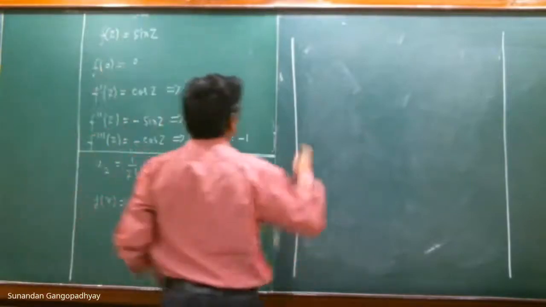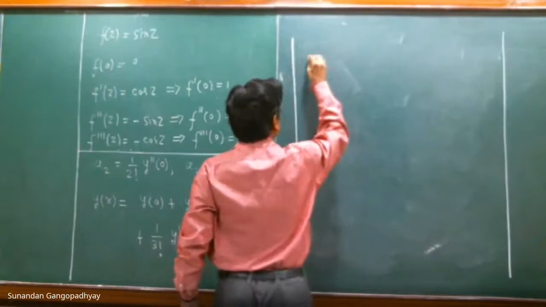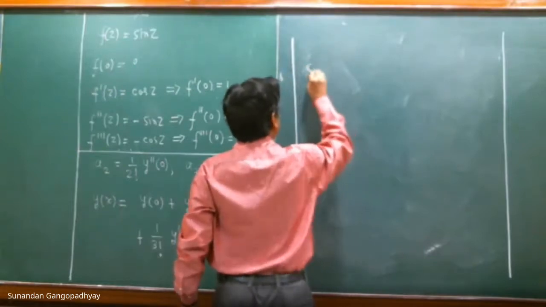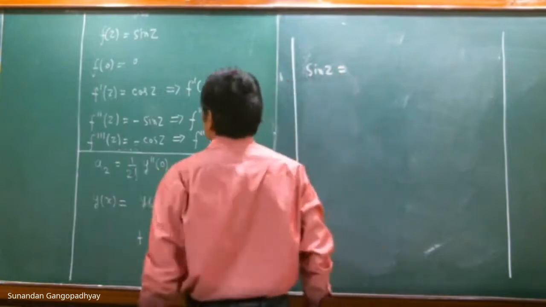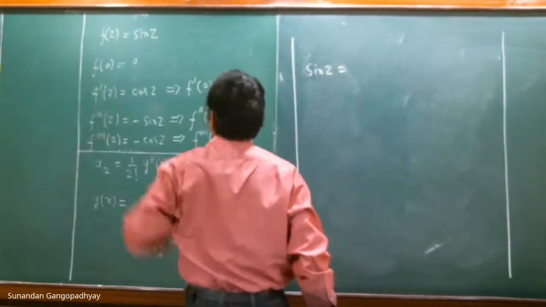So you can keep on doing this, and ultimately you will get sine z, which is our function. So the first term, this f of 0 is 0.